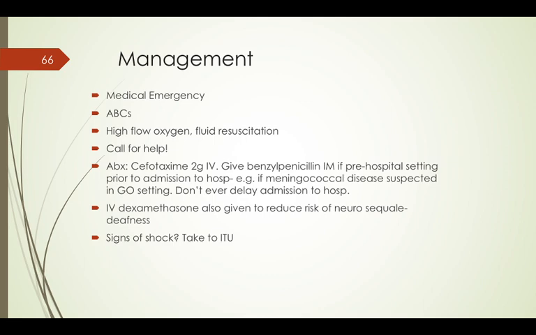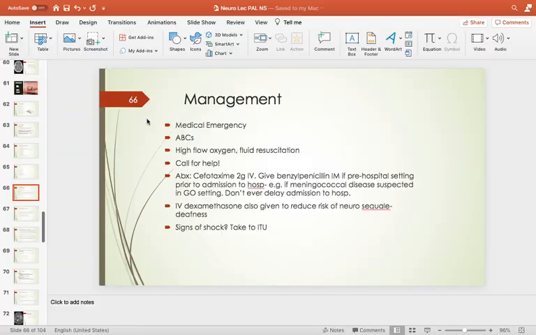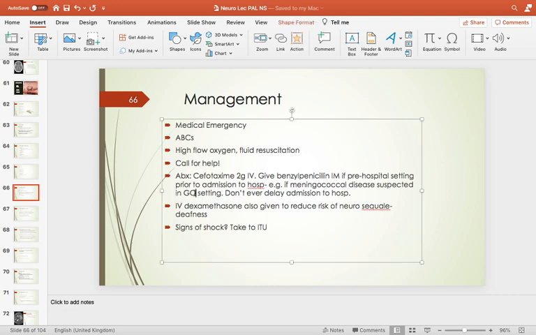Never delay their admission. IV dexamethasone has also been given, and this reduces the chances of neuro complications post meningitis. If need be, you may even need to refer to ITU for further management.